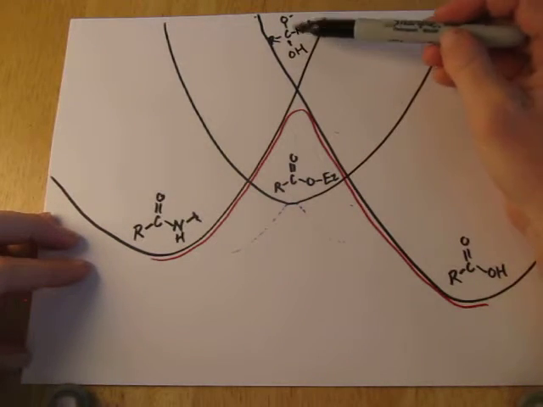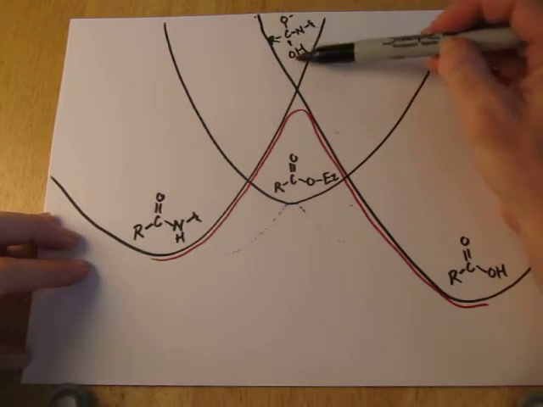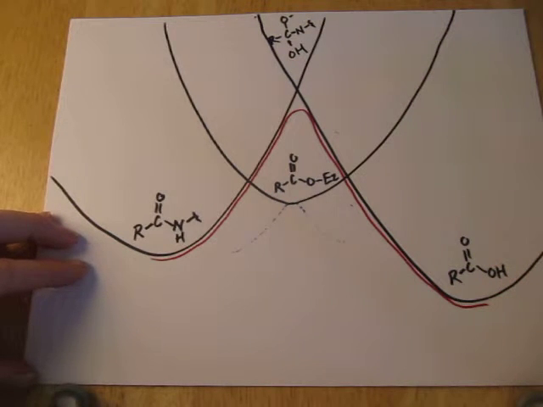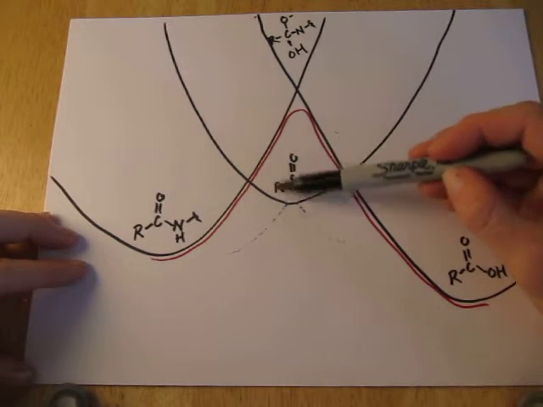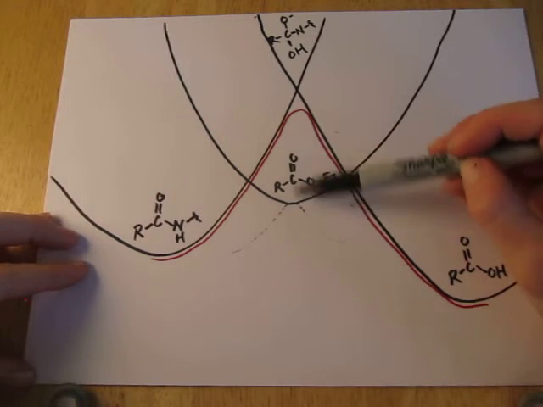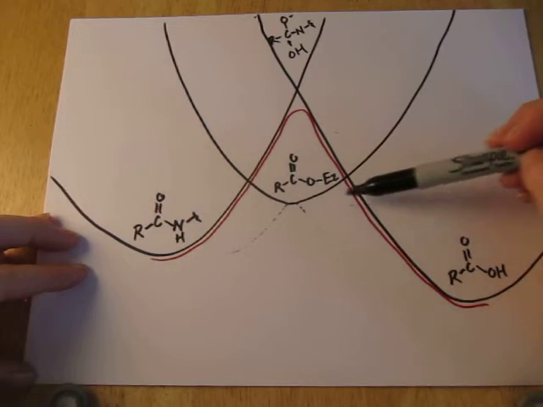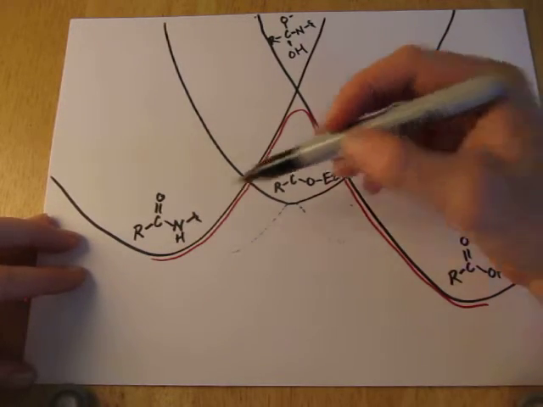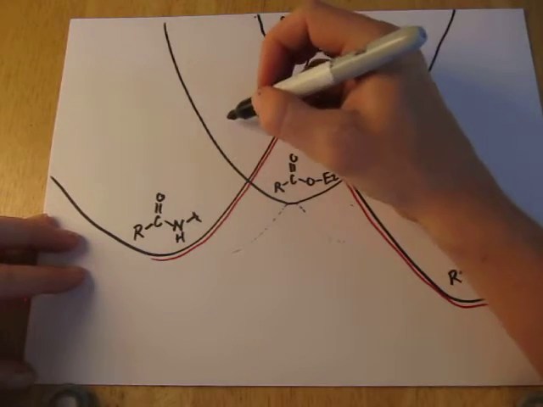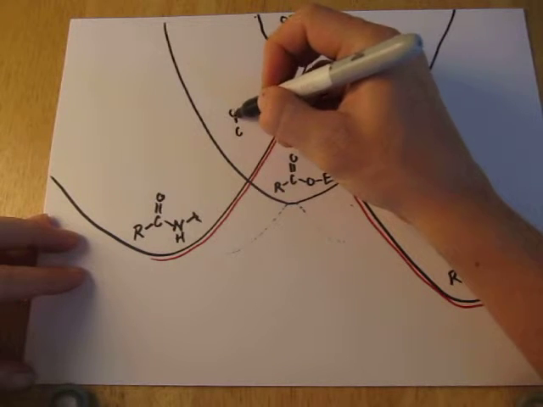And so that's why it's high energy, because you're forming and breaking bonds all at the same time. And down here we have an intermediate that's occupying similar reorganizational space, but is actually a semi-stable state. And in order to get between here and here, we also have to go through high energy transition states.